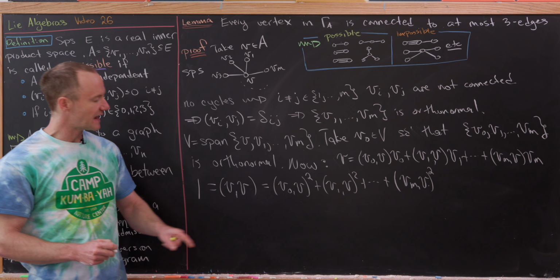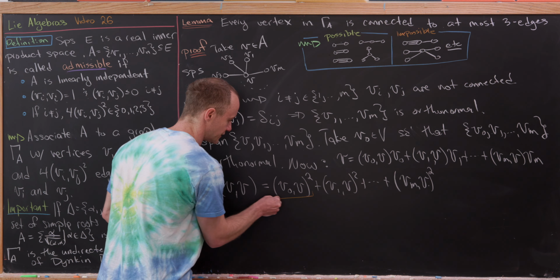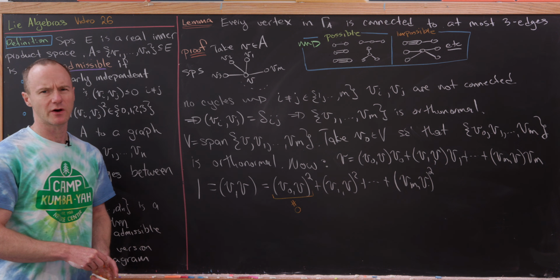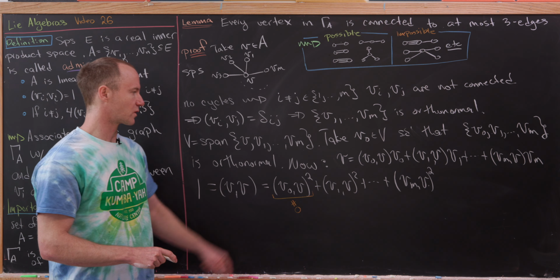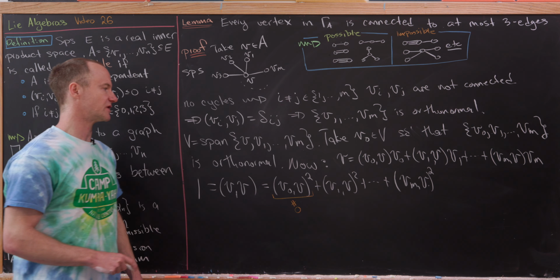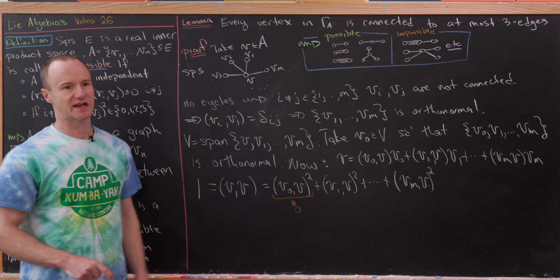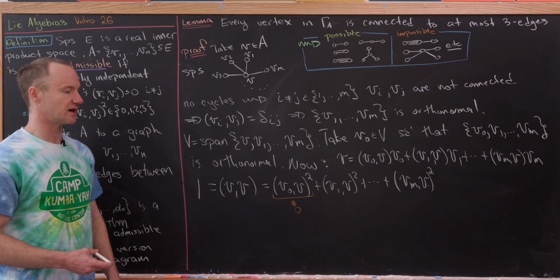Okay, nice. But now I'd like to observe that this portion of the sum right here is most definitely non-zero. How do we know that's non-zero? Well, if this thing here were 0, then that means that V would be a linear combination of V1 to Vm, but it's pretty clearly not by our setup up here. So that means that, like I said, that inner product has to be non-zero.